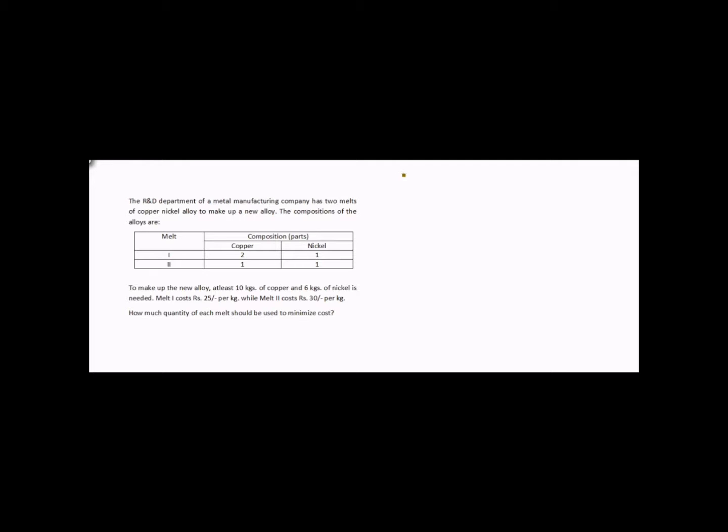So the decision variables: the first decision variable was x, the quantity of melt 1 to be used, and y was the quantity of melt 2 to be used.